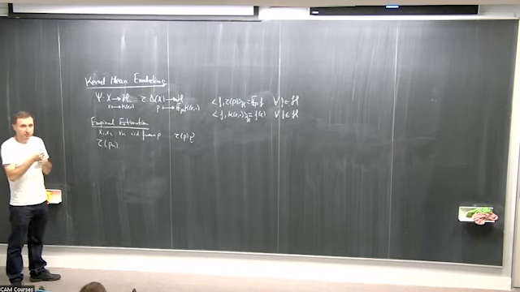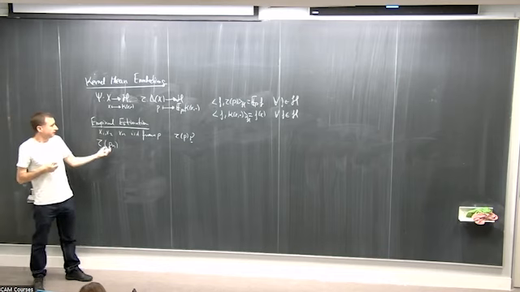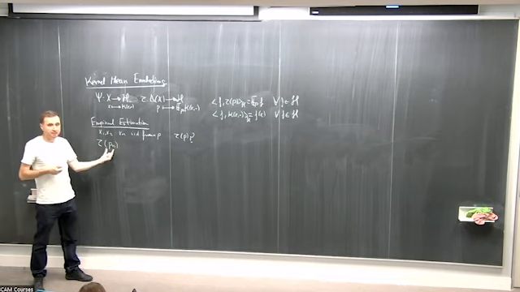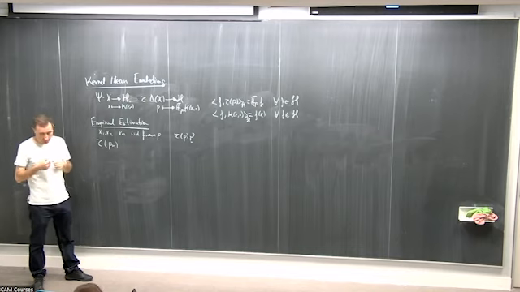If I have n samples, I have a very natural estimate of the distribution P, which is the empirical distribution. Maybe some of you are not very familiar.